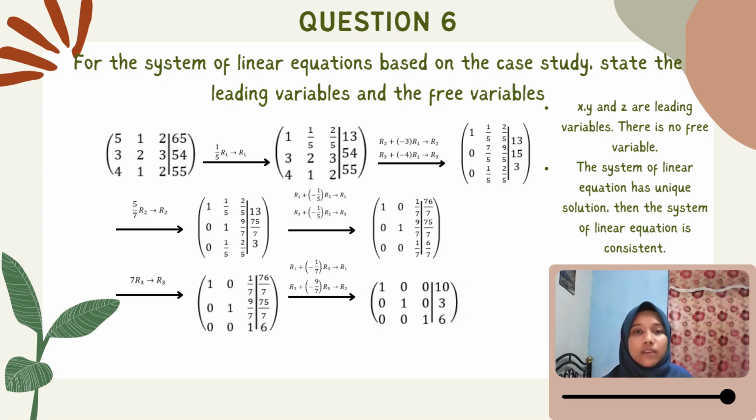Since every row has a leading one, we can conclude that x, y, and z are leading variables. So there is no free variable in this equation. As we know, this system of linear equations has a unique solution. Then the system of linear equations is consistent.